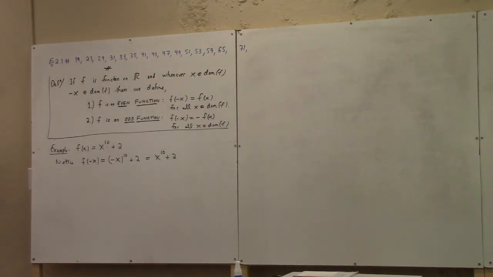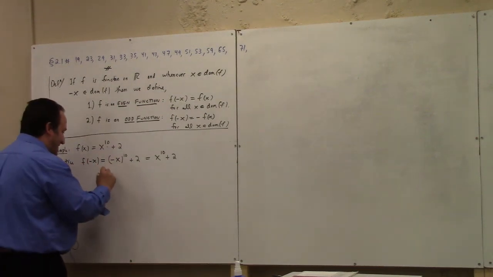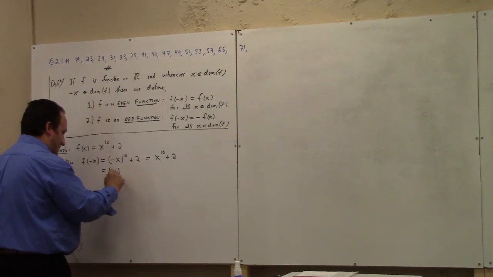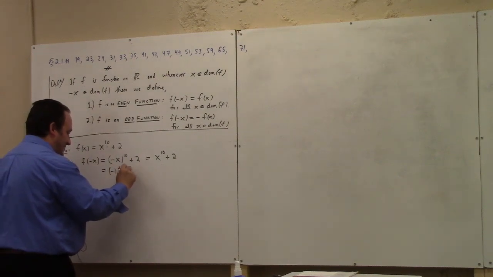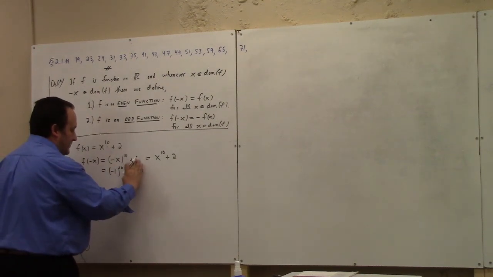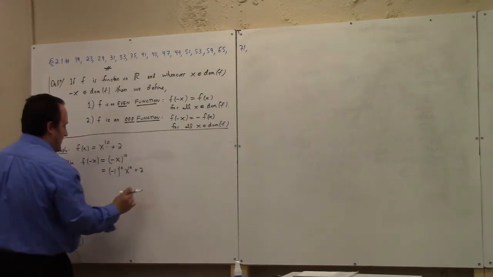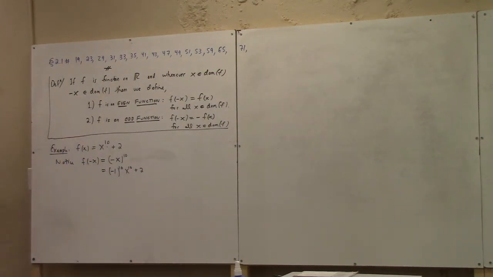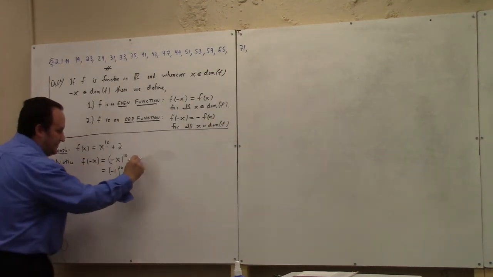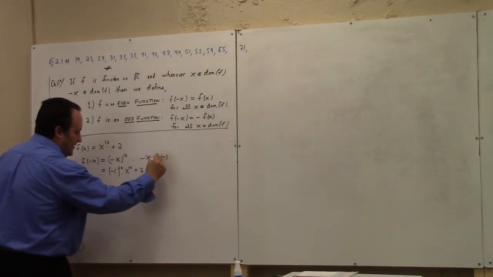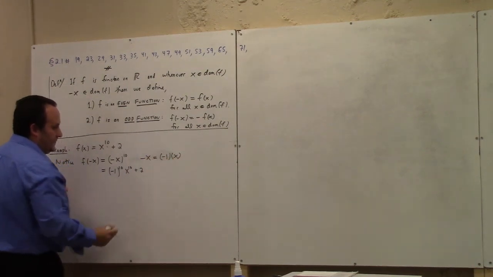Do you guys know why that's true? Should I break it down more? I mean, we can. I heard a no and I heard a yes. Well, sorry, Mr. No. I'll have to go. So laws of exponents, right? Because minus x is minus 1 times x, right?